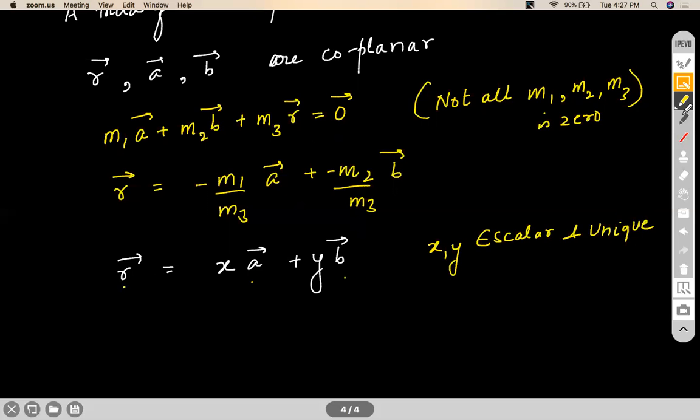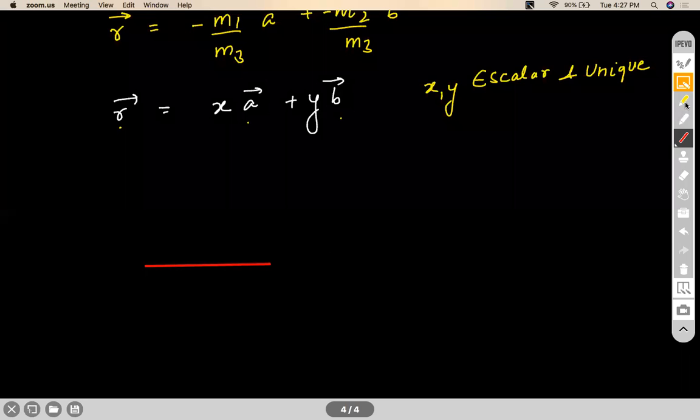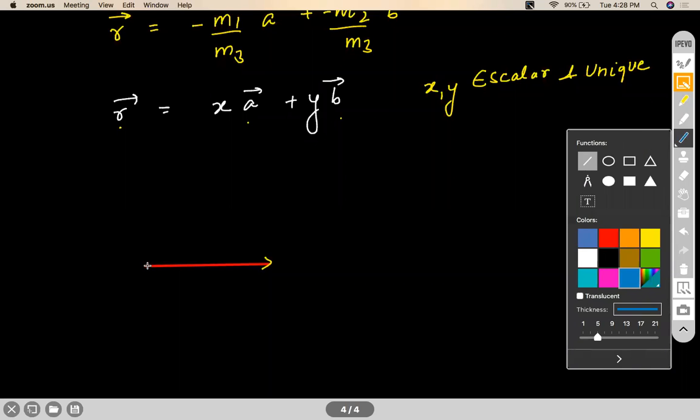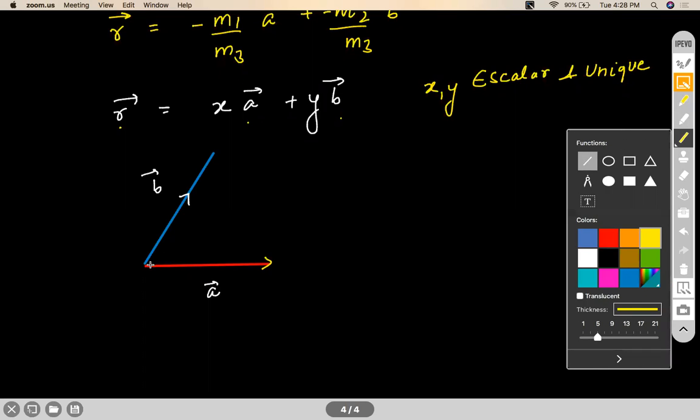What is the proof for this? It is a very simple proof. Let us say you had a vector A, let me draw it in red, and a vector B, let me draw it in blue, and there is some vector R, let me draw it in yellow.